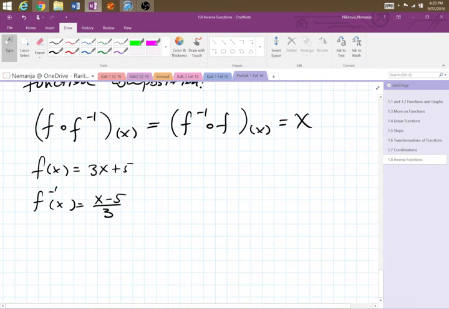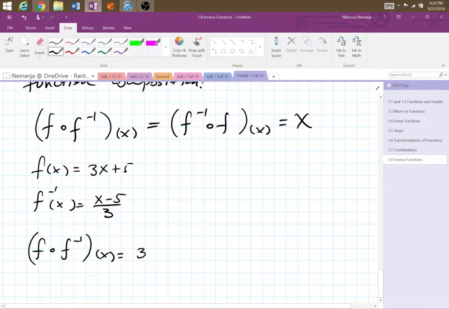So now I know they are inverses of each other. I already know that because I just did the problem earlier. And we are technically verifying our formula here. So I'm going to say the function composition between the original function and its inverse has to work out to be x at the end.